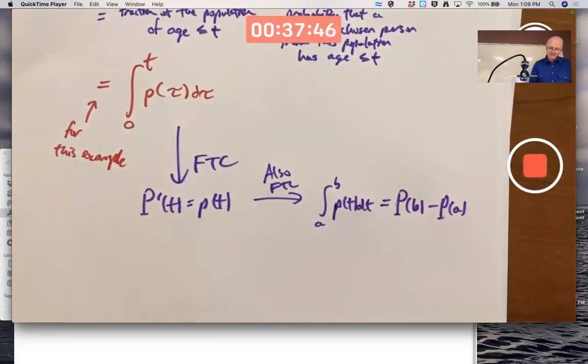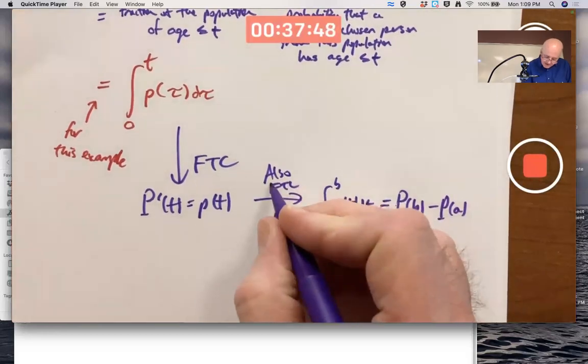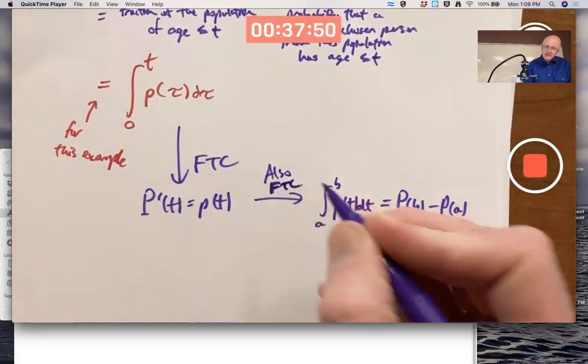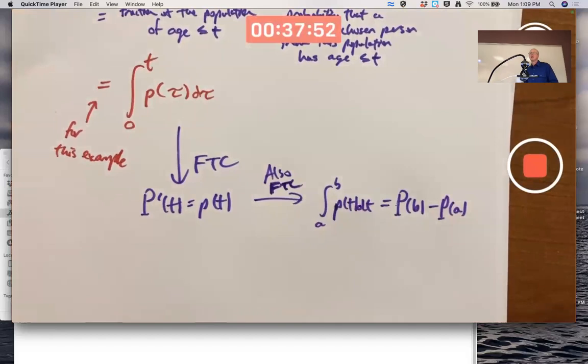That's an FTC. So it's good for finding probabilities once you've got it. It's an antiderivative that we can use anytime we want it.